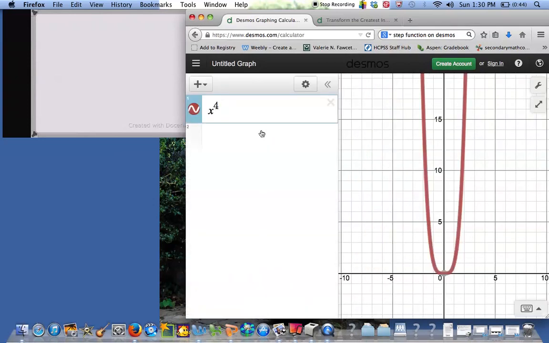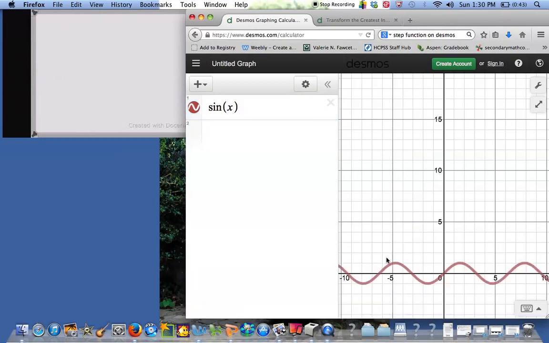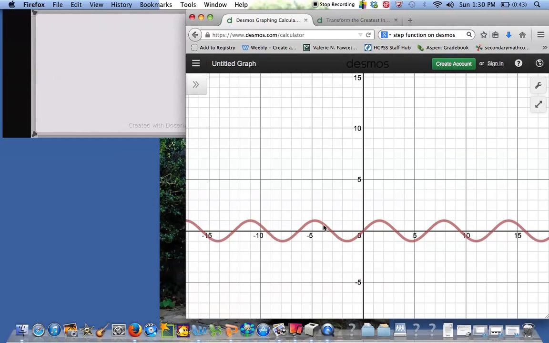If we look at the graph of sine, again, you can see it's wavy, but I could trace this entire line up and down and up and down and up and down. There are no breaks, and we can look at any point along the line.